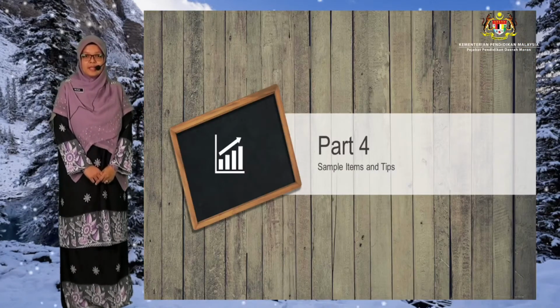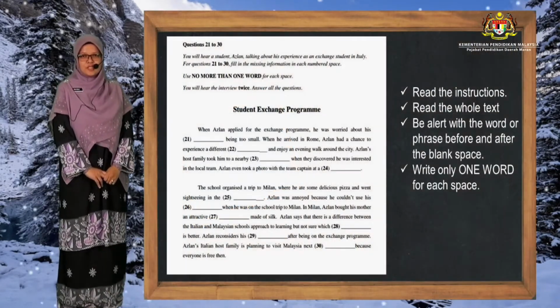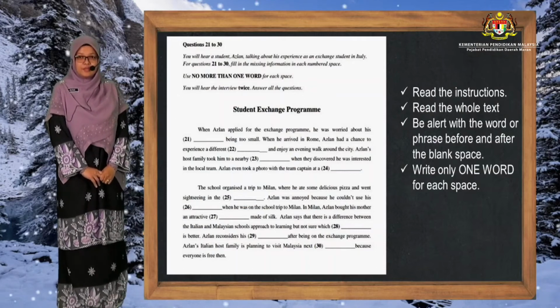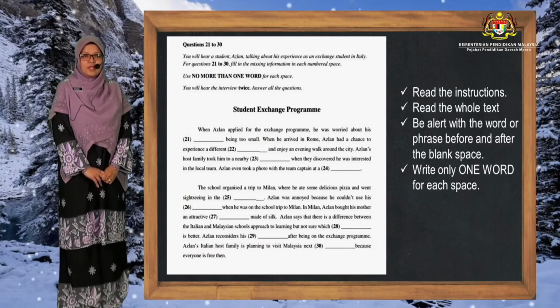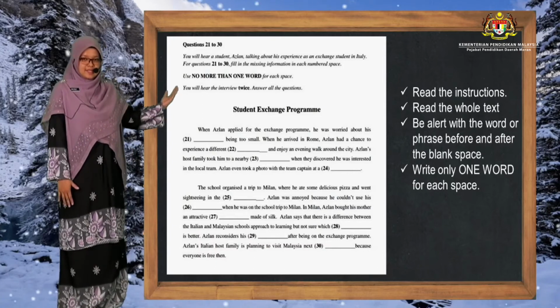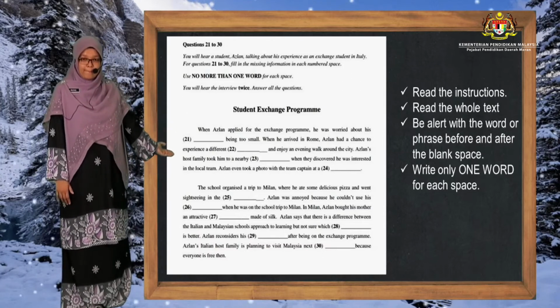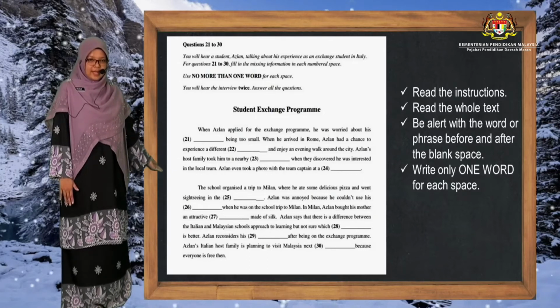And finally, part 4. For part 4, question 21 until 30, you have to read the instruction first, and then you read the whole text. This text is about a student exchange program. So you have to read from the beginning till the end.